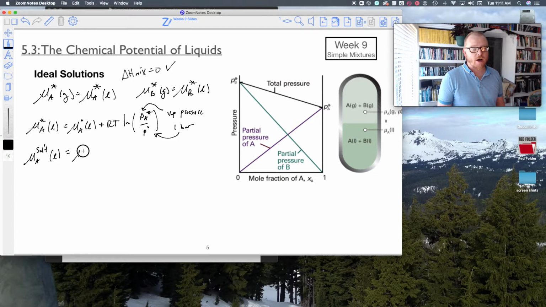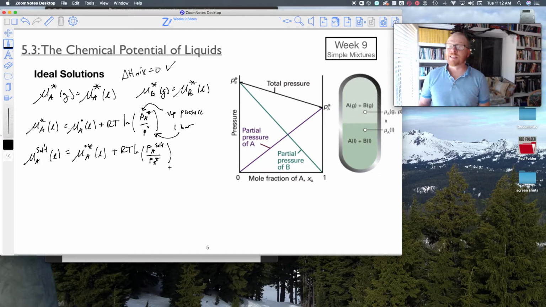It's going to become mu A, and I'm going to put the star right there because the star tells me this is the pure A. So the chemical potential of A in the solution equals the chemical potential of pure A plus RT natural log of the vapor pressure of the solution relative to the vapor pressure of the pure liquid.